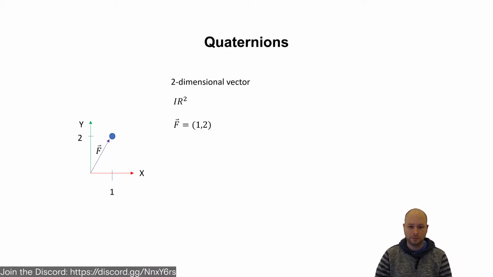So let's think about a two-dimensional vector where the vector has a value of 1, 2, which is the rotation, a double rotation times the identity.